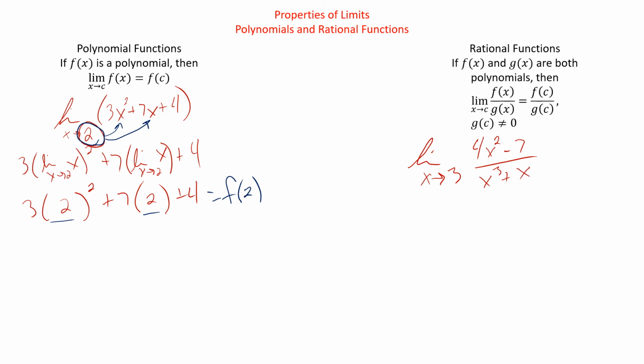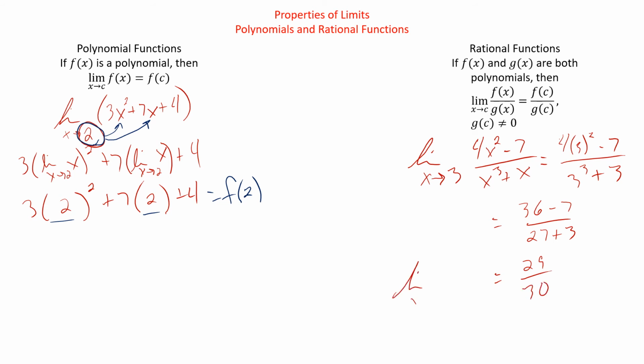We're just going to plug in 3. 4 times 3 squared minus 7 over 3 cubed plus 3. 3 squared is 9 times 4 is 36 minus 7 over 27 plus 3. 36 minus 7 is 29 over 27 plus 3 is 30.